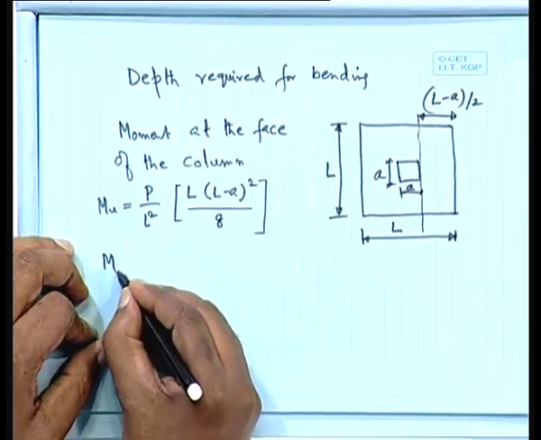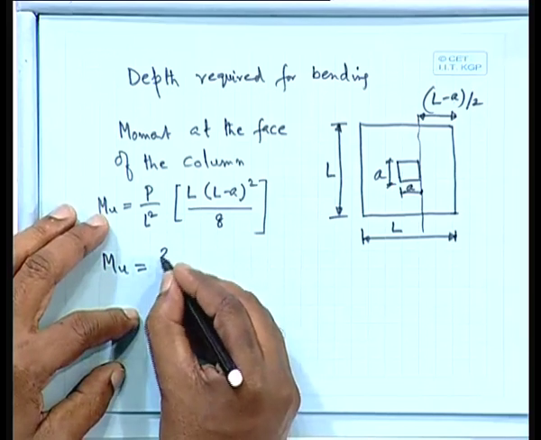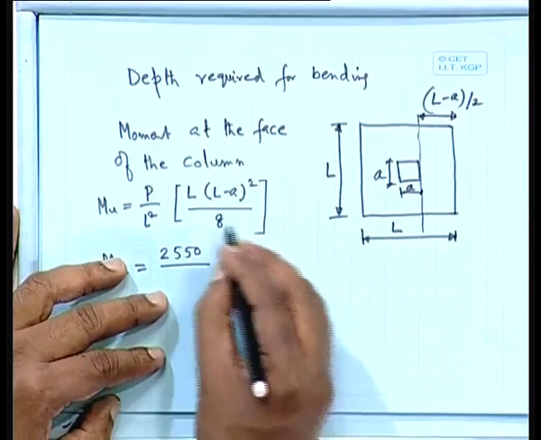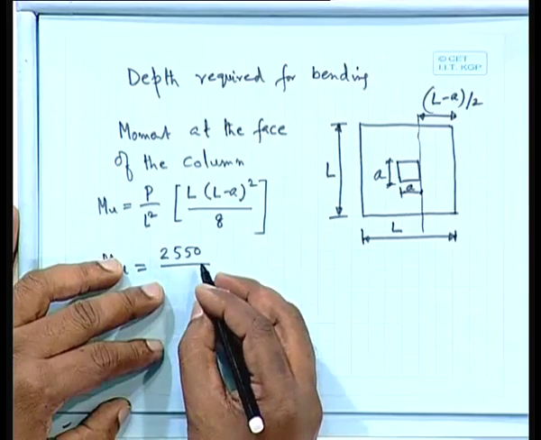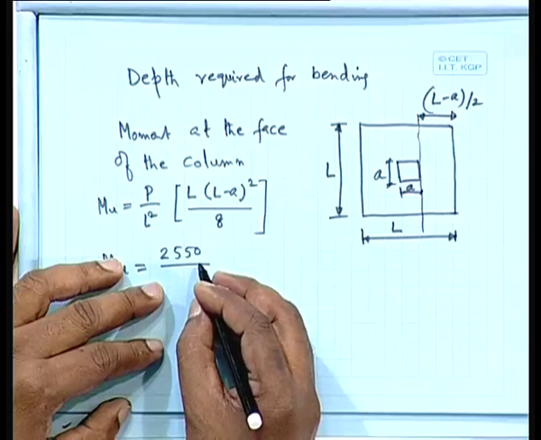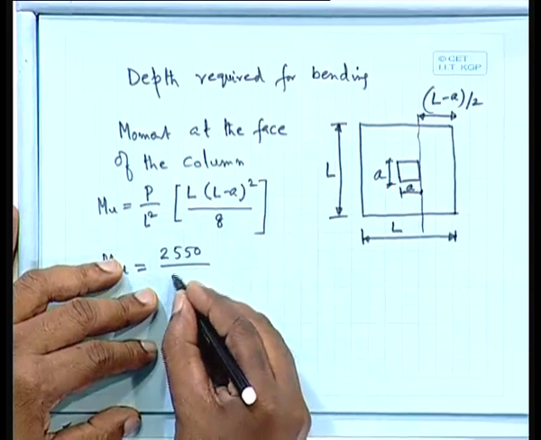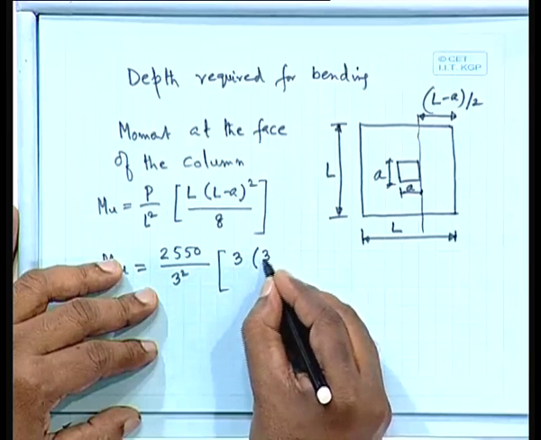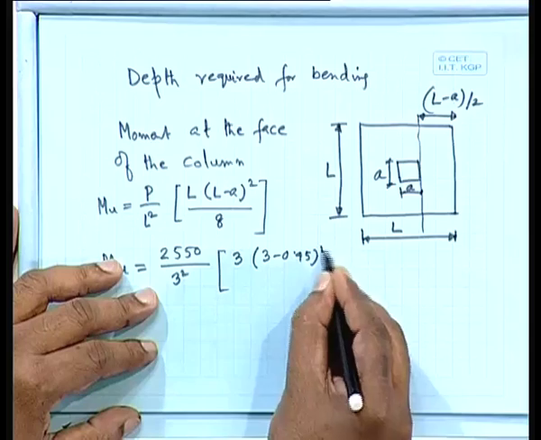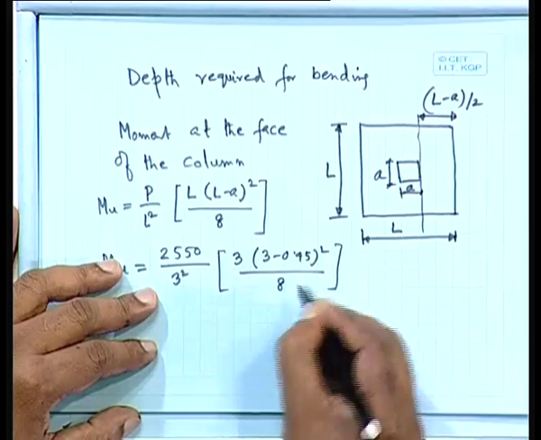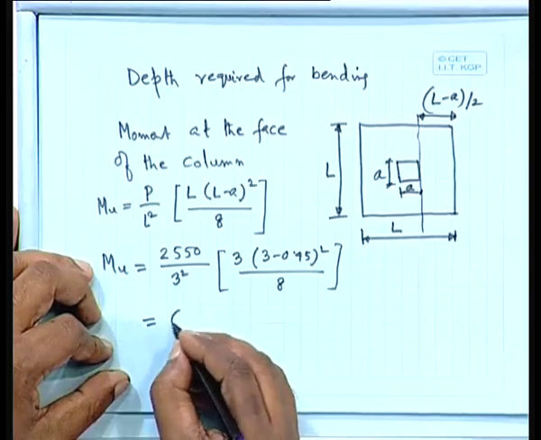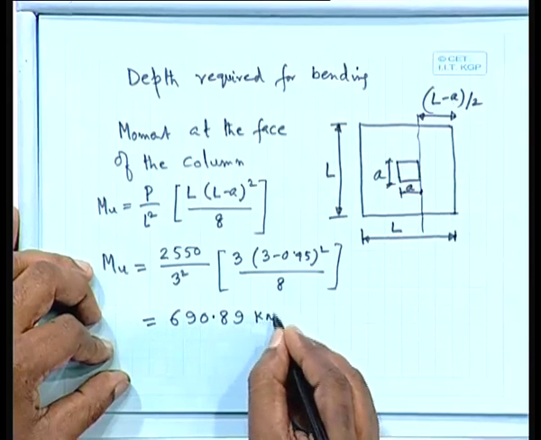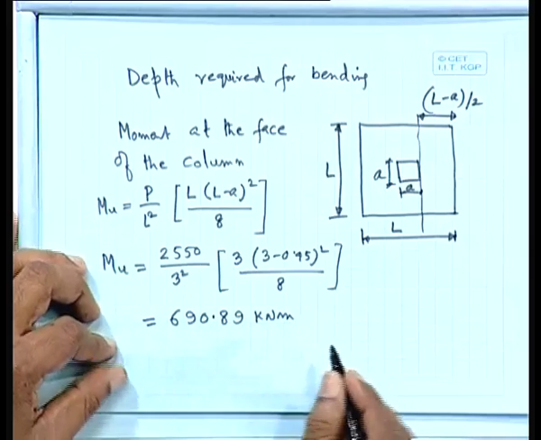So, mu equal to 2550 divided by 3 square, times 3 times (3 minus 0.45) whole square by 8, which comes as 690.89 kilonewton meter. This is your mu.